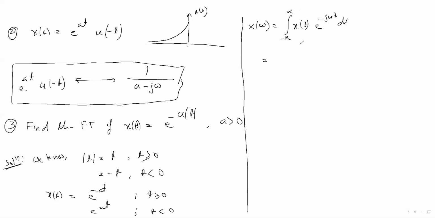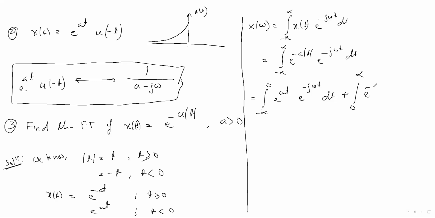So put the value of x(t): minus infinity to infinity of e to the power minus a mod t, e to the power minus j omega t dt. Okay. So take minus infinity to 0 as one term, with e to the power a t e to the power minus j omega t dt. Another will be from 0 to infinity of e to the power minus a t e to the power minus j omega t dt.